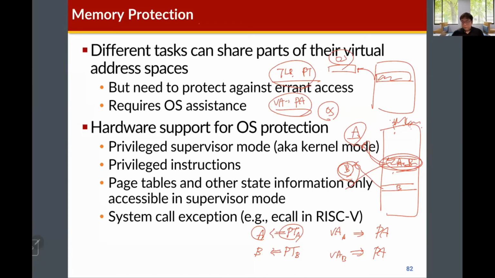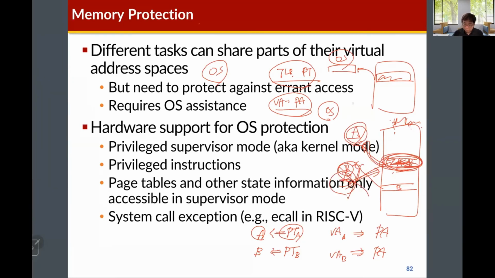By assigning some specific control bits, like a memory protection bit, the operating system also controls memory protection using this page table. Which means that this space is only assigned to application A, and other applications cannot access this part.